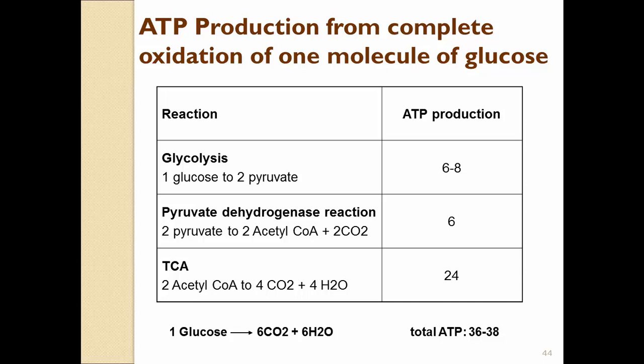This one NADH can produce 3 ATPs, and because 2 pyruvate molecules are produced from one glucose molecule, 3 times 2, in this reaction you will generate 6 ATPs.